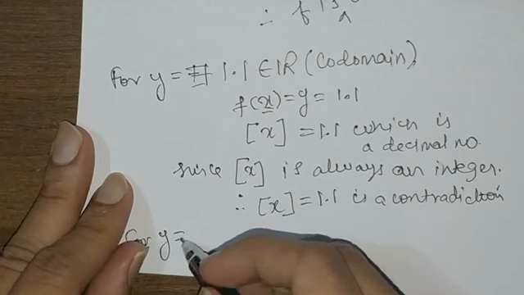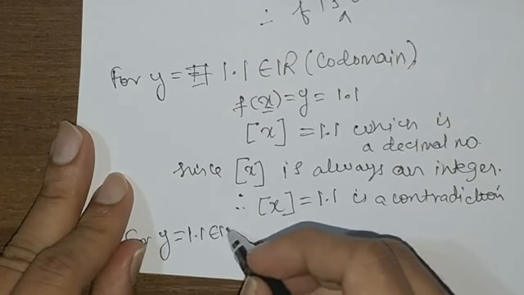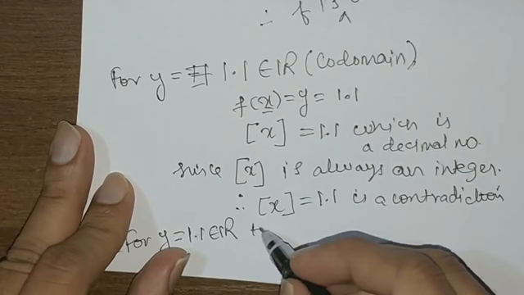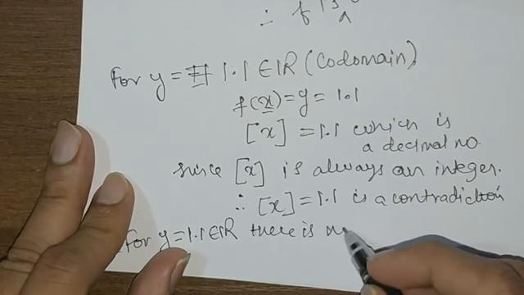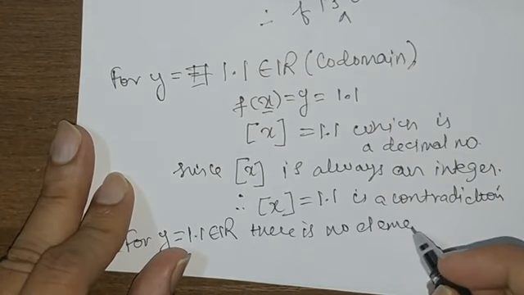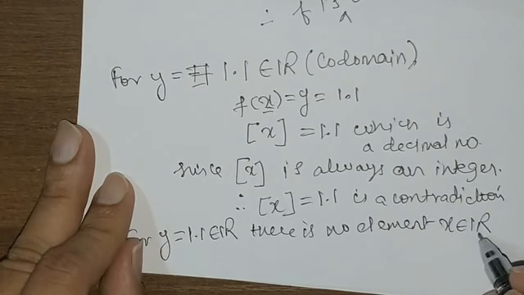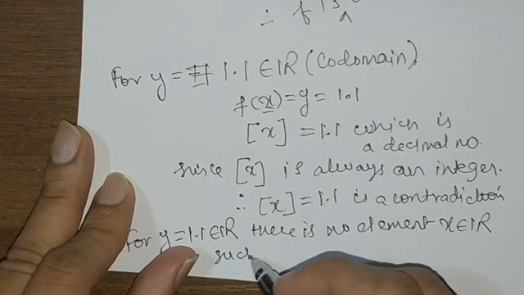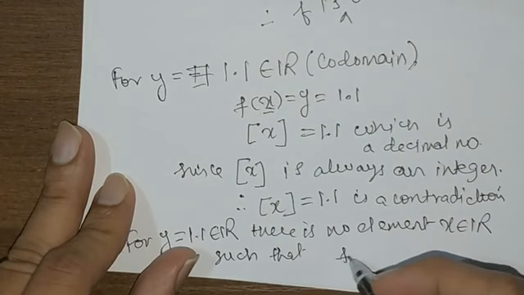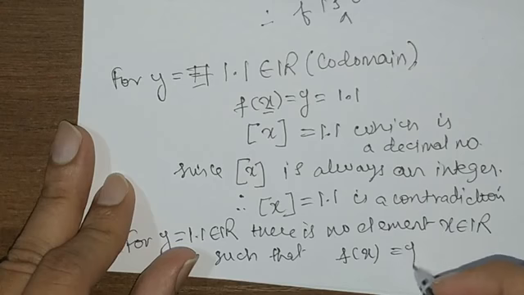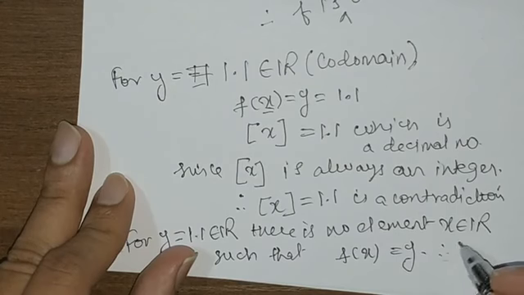So therefore, for y equal to 1.1 belonging to R, there is no element x which belongs to R, which is the domain, such that f(x) is equal to y. So therefore f is not onto.